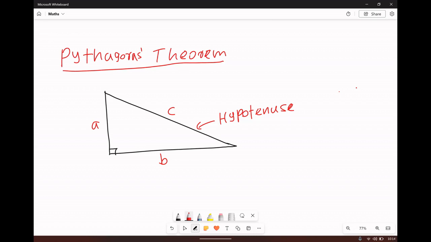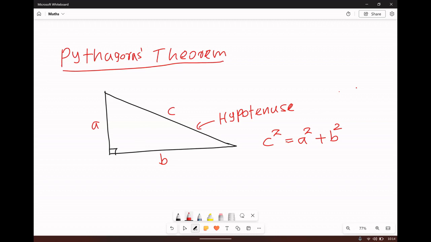So if I add the letters for the lengths of the sides into the Pythagoras theorem, it says that c squared, where c is the longest side, the hypotenuse of the right angle triangle, is equal to the sum of the squares of the other two sides. c squared is equal to a squared plus b squared.